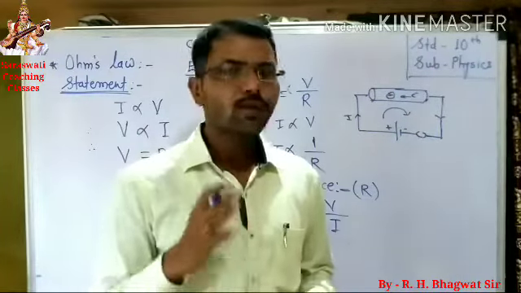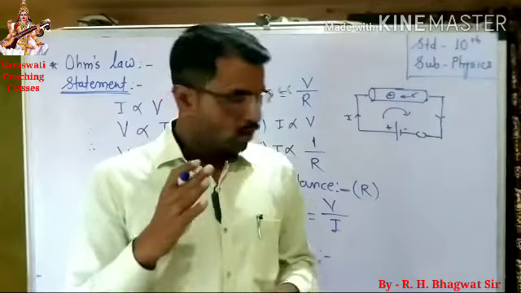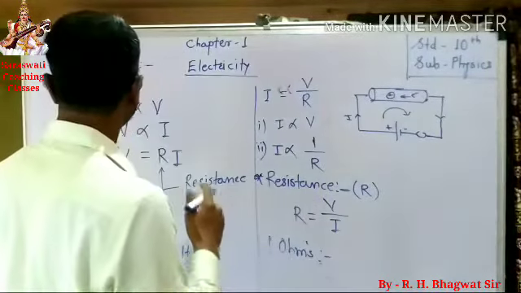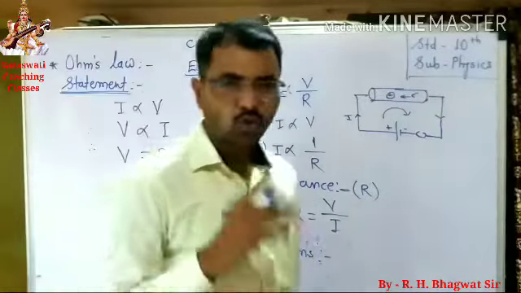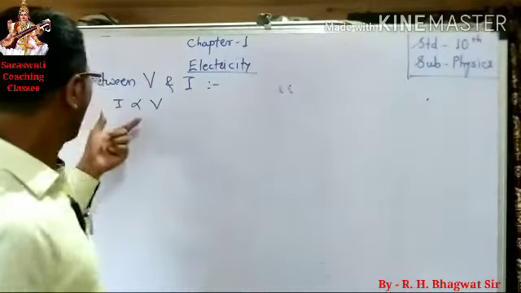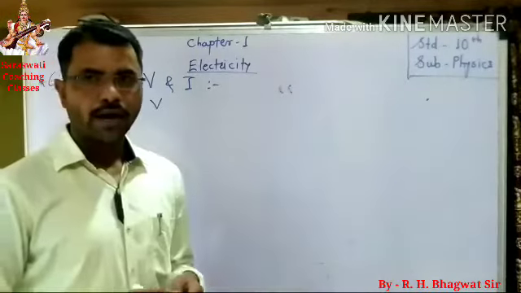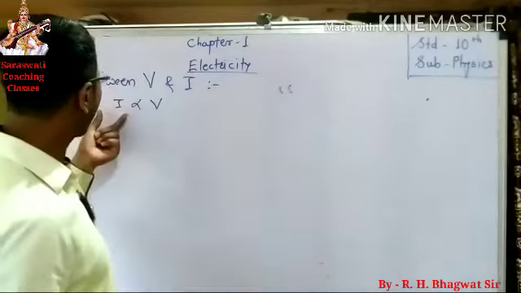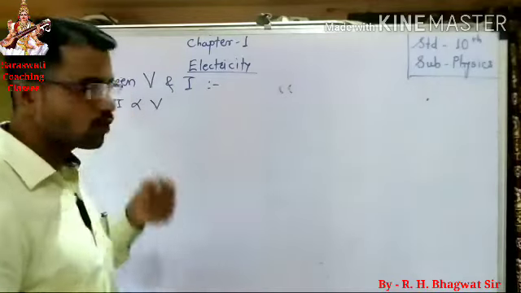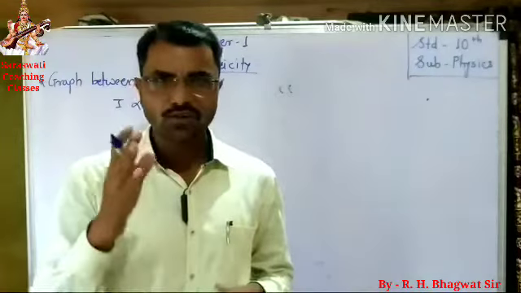Now next we are going to discuss the IV characteristics, voltage current characteristics or voltage current graph. According to Ohm's law, we know that current flowing through a conductor is directly proportional to the potential difference applied across it.